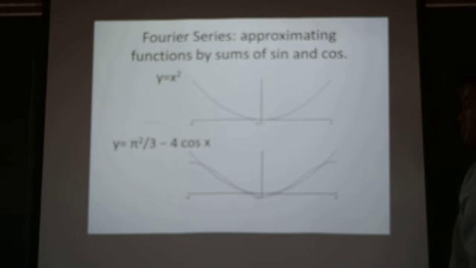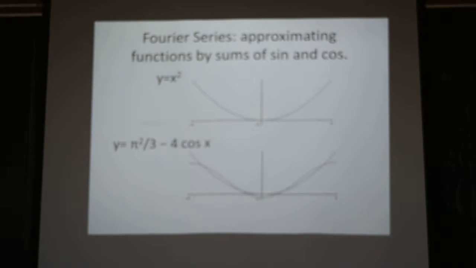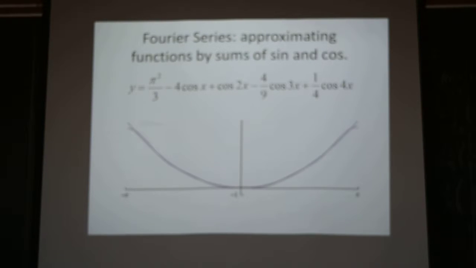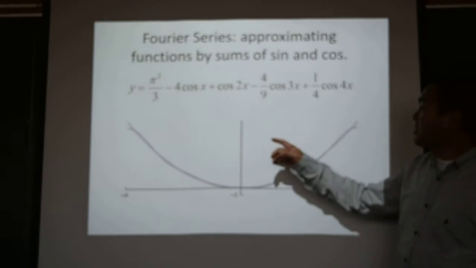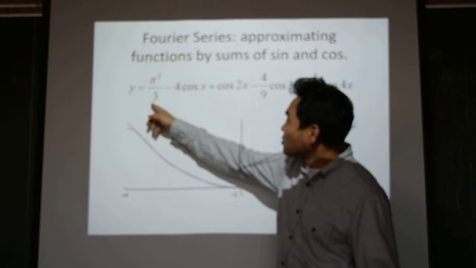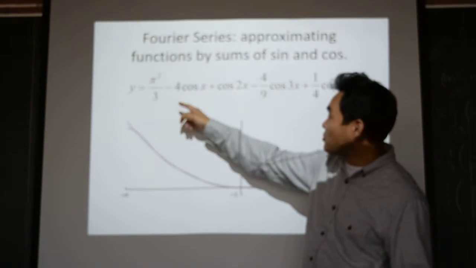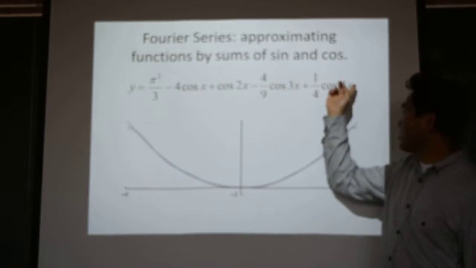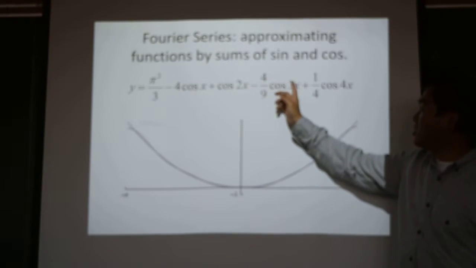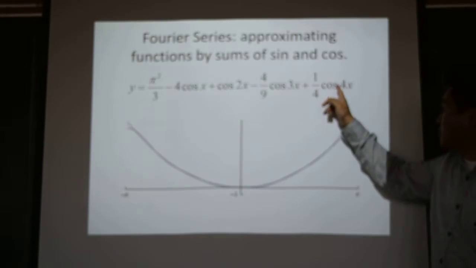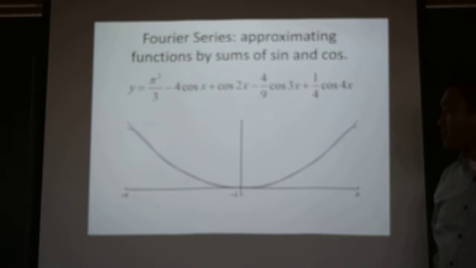Okay, so you're probably not very impressed at these two being similar, but in the next slide, I have the same thing, pi squared over 3 minus 4 cosine x as before, but I'm adding 3 more cosine terms. So cosine 2x, cosine 3x with some coefficient, cosine 4x with another coefficient.